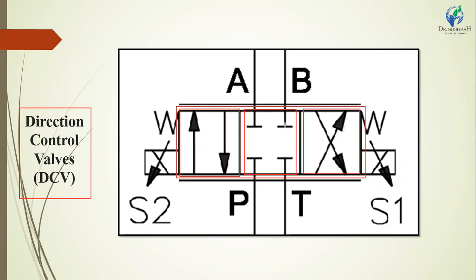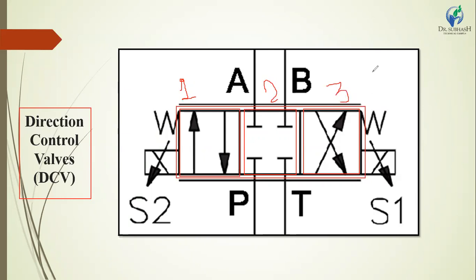This may represent a number of positions. Simply, we have to study and understand the DCV. This position is called 1, the second position is called 2, and the third position is called 3.